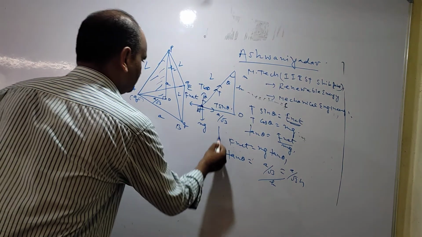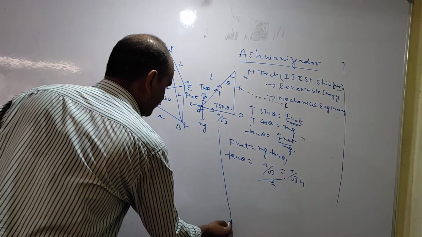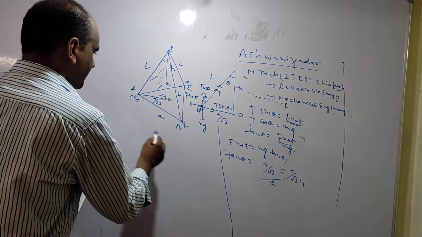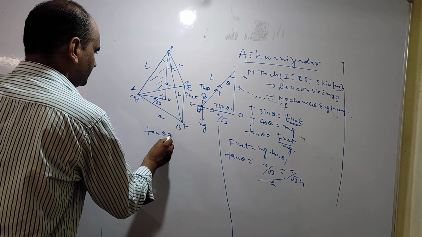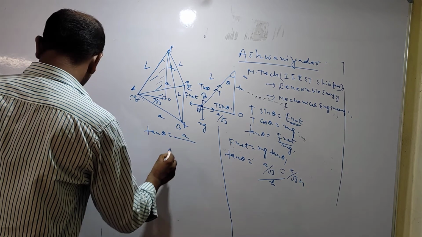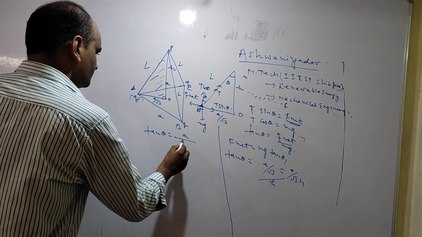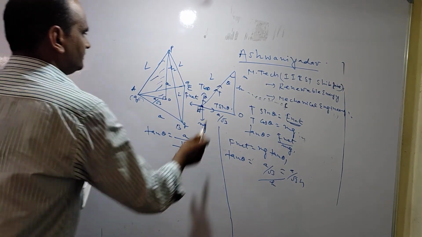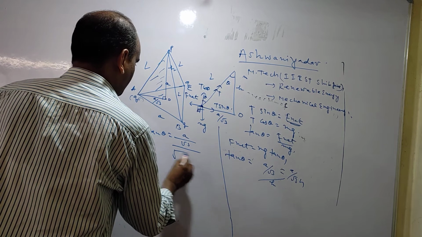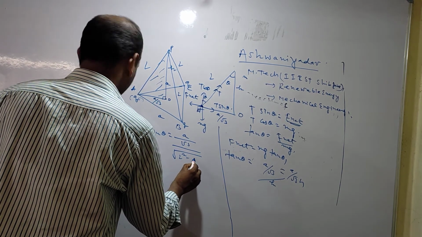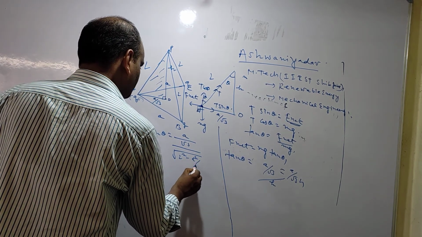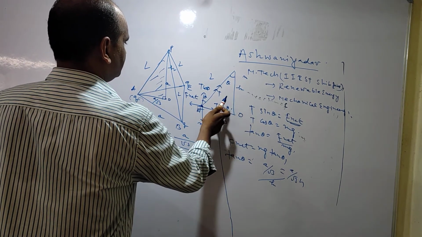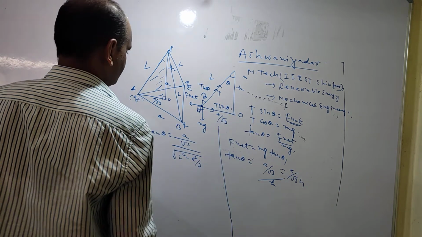So I can go ahead. We have tan theta is nothing but A by root 3 by H, which is under root L square minus A square by 3. This is the hypotenuse, so this is perpendicular, sorry, this is perpendicular, this is base.